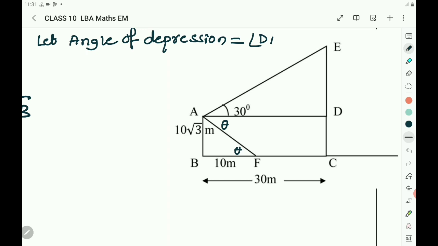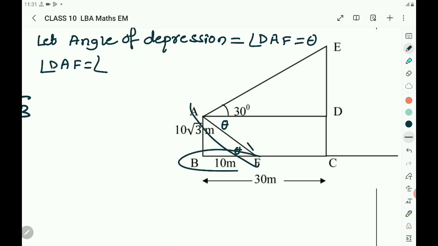Angle DAF equals theta. Then you write angle DAF equals angle AFB. Angle AFB is equal to theta. Reason: alternate angles.